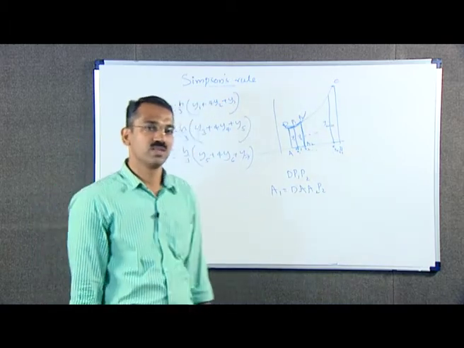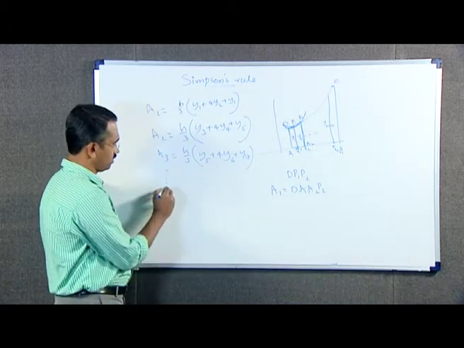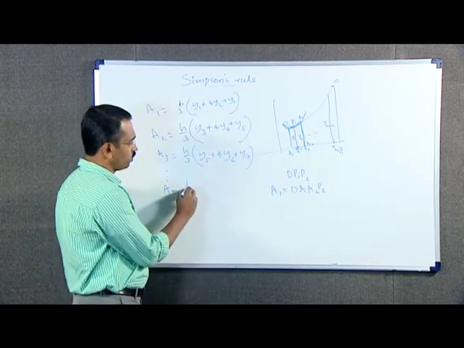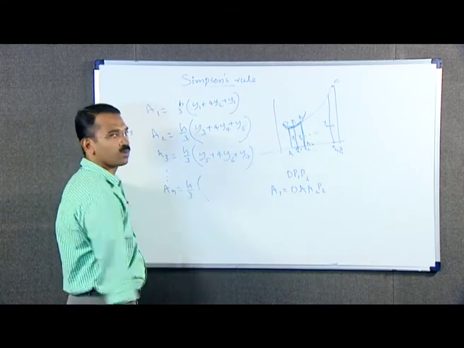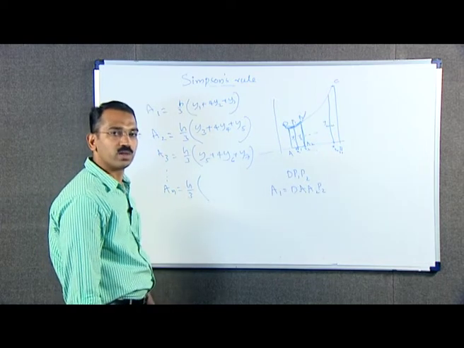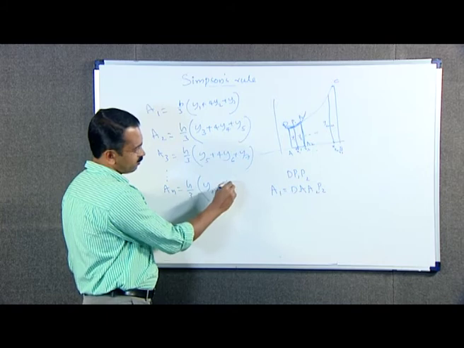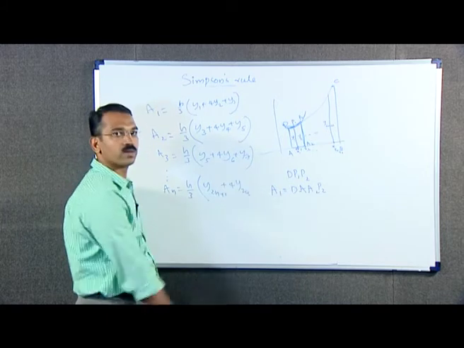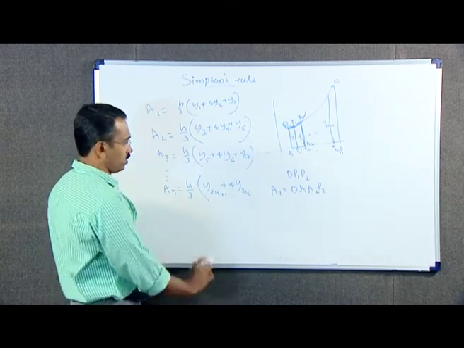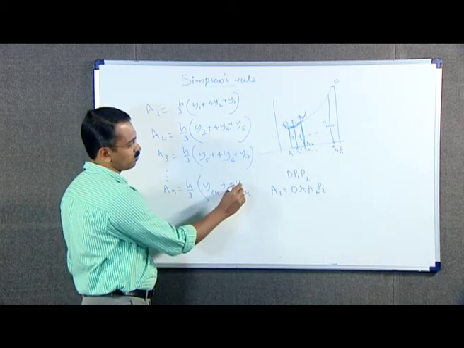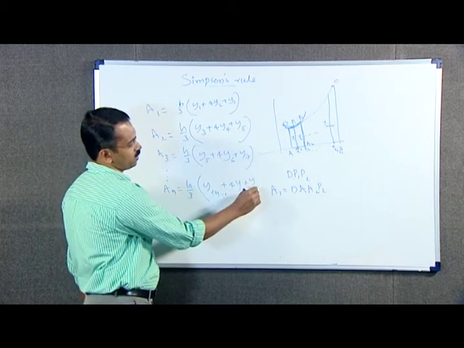and so on. In general, An is equal to h by 3 into y2n minus 1 plus 4 times y2n plus y2n plus 1.